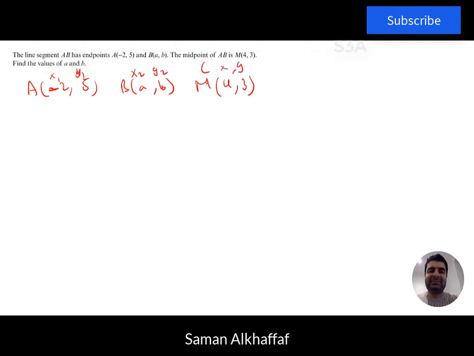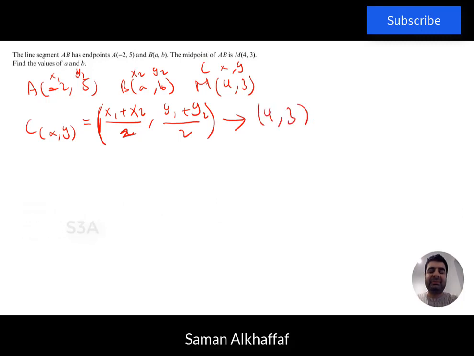So for us to write the equation, the midpoint will be x1 plus x2 over 2, and for y, y1 plus y2 over 2. So we will start by equating the midpoint, which is 4 and 3, to x, which is minus 2 plus a over 2, and for the y we would have 5 plus b over 2.